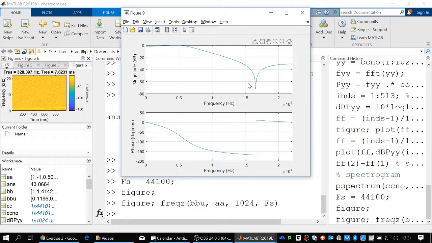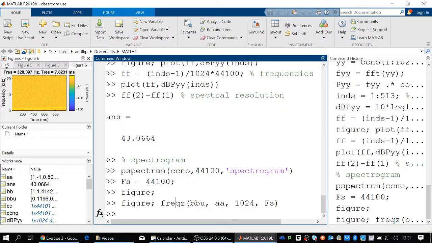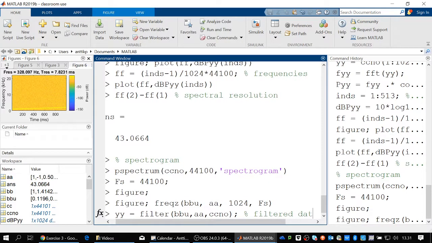on this sample rate would be like that, and we can now use this filter to filter our data simply by saying YY equals filter B, A, and then CC, the filtered data.